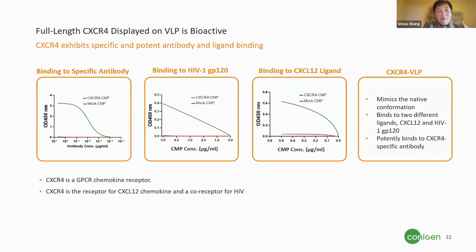The EC50 is in the single-digit nanogram per ml range. More importantly, we showed that these GPCRs can bind to their ligands: HIV gp120 protein and its chemokine ligand, CXCL12. The results indicate that the CXCR4 on the particle surface mimics the natural conformation, can bind to its ligands, and also binds potently to antibodies. These are bioactive.